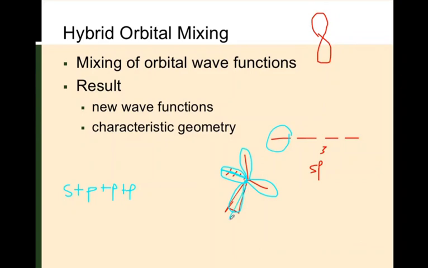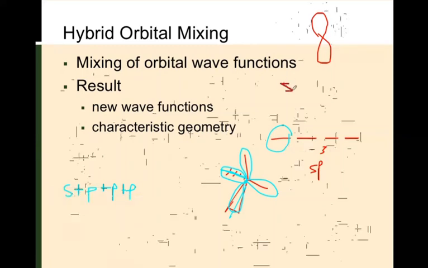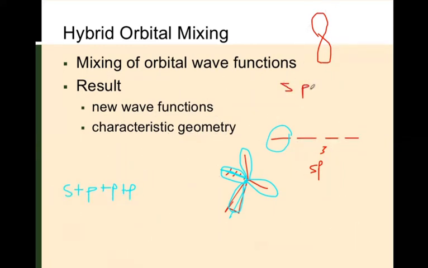Because if they have exactly the same characteristics and the same expression in space, they're going to point in the same direction. So they have to be different combinations of the 3-dimensional orbitals, which are the s orbital, the px orbital, the py orbital, and the pz orbital.